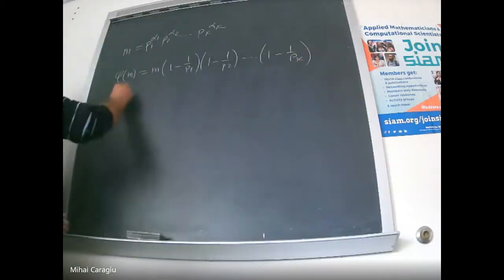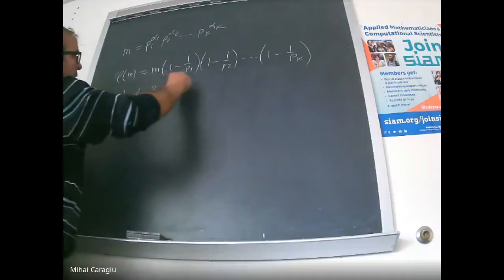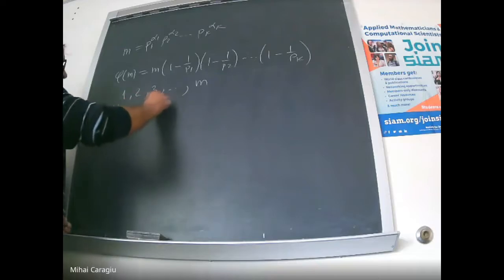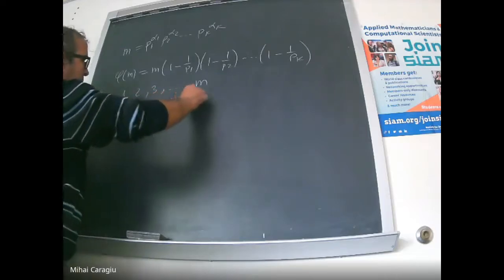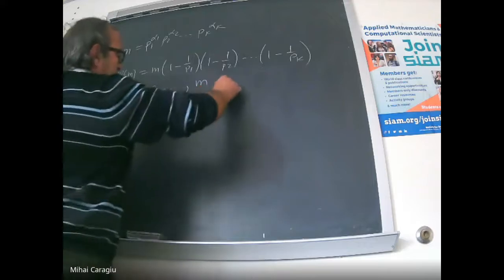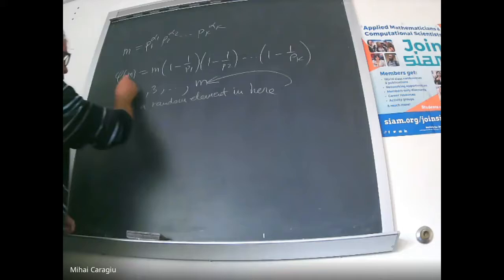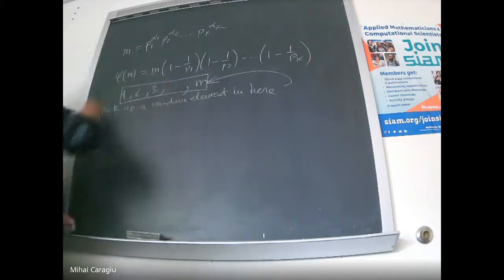Okay, so look at the numbers 1, 2, 3, all the way up to n. Pick up a random element A in this set, between 1, 2, up to n.